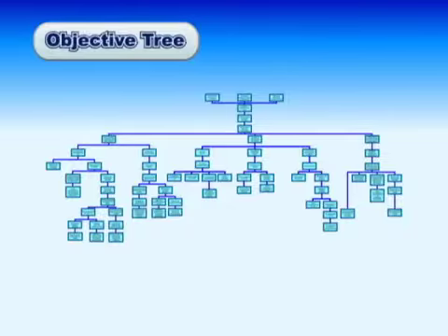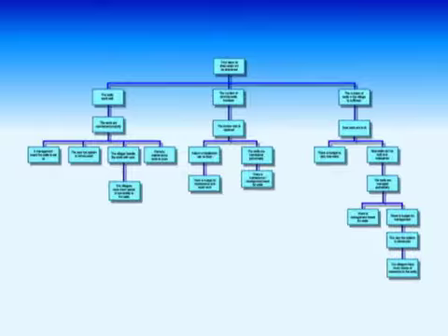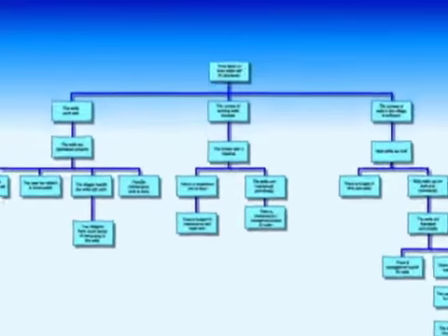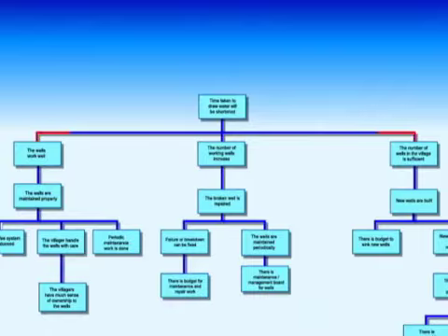By project selection, the project candidate number 2, Water Supply Improvement Project, was selected. Once this project is implemented, the objective stated at the top of the project plan, time taken to draw water will be shortened, will be achieved.